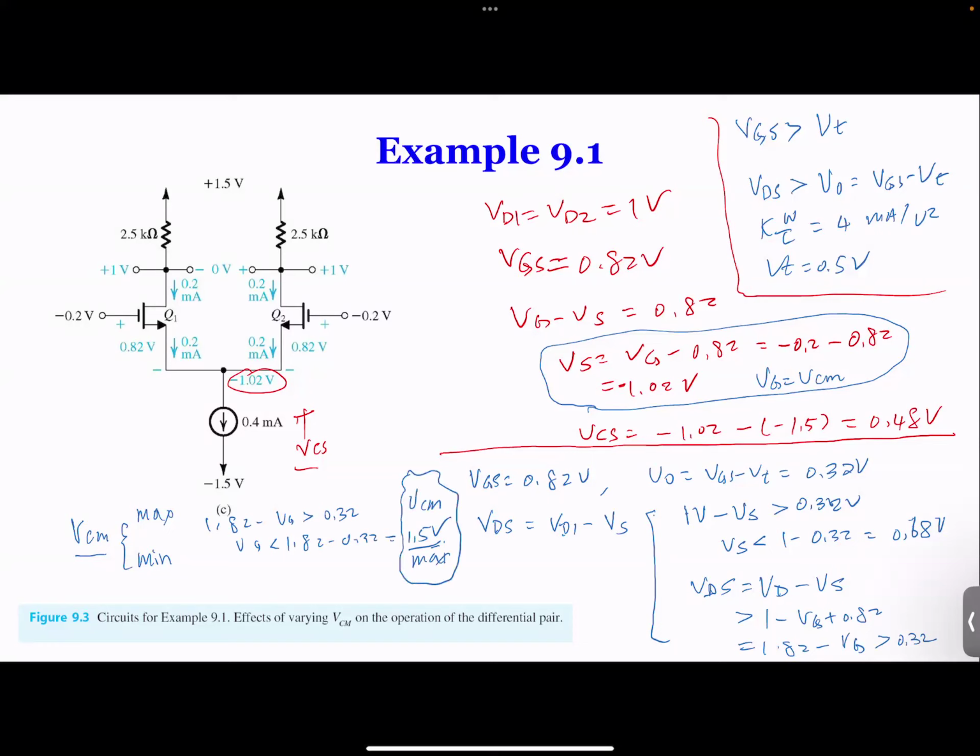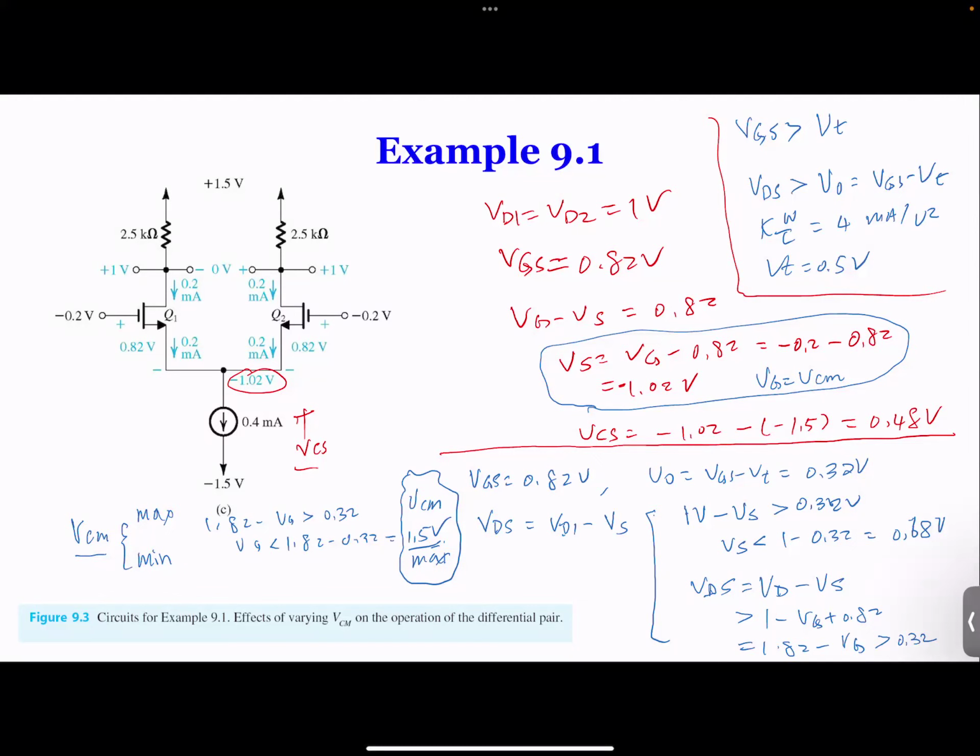Max is 1.5 volts. And the minimum of volts, of course, is that if it's too small, it's negative, and we might also bring this out of saturation, and potentially it's going to be cut off.